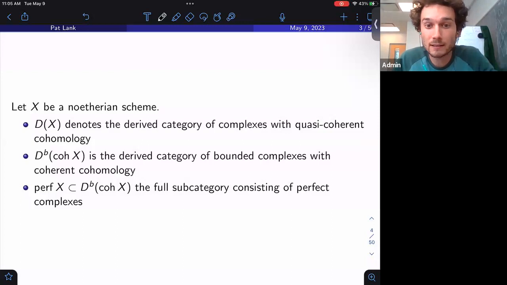Denote by D of X the derived category of complexes with quasi-coherent cohomology. Denote D^b coh X as the derived category of bounded complexes with coherent cohomology, and perf X the full subcategory consisting of perfect complexes. Now, D of X is unbounded, whereas D^b coh X has bounded cohomology.